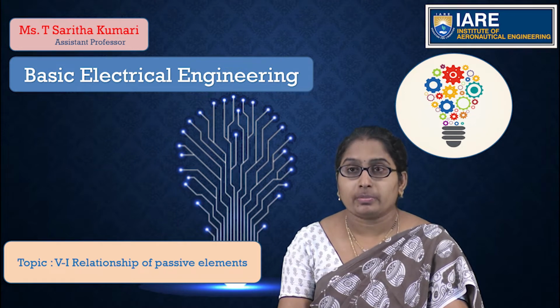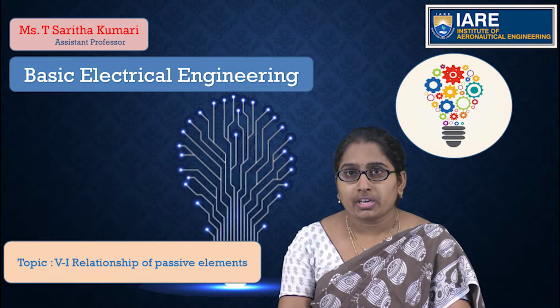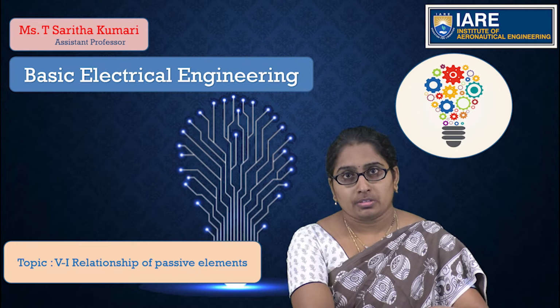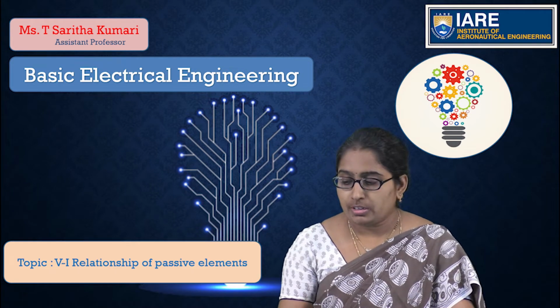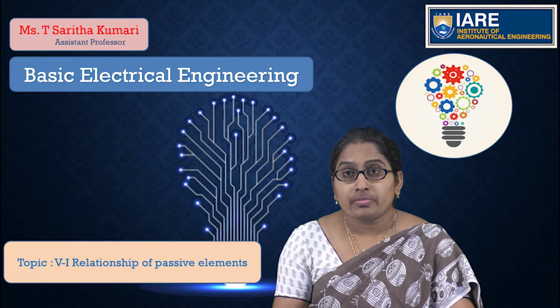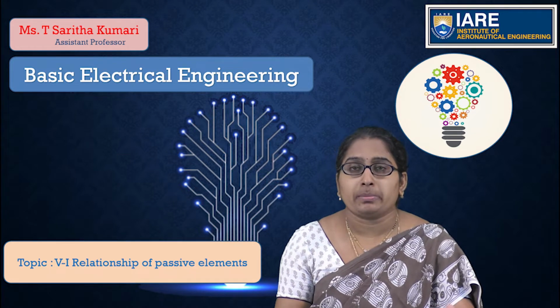So today I'm here to talk about the voltage-current relationship of passive elements and Kirchhoff's laws. First, I'm going to talk about the VI relationship of passive elements, that means the voltage-current relationship of passive elements.